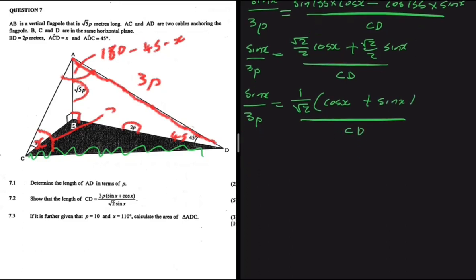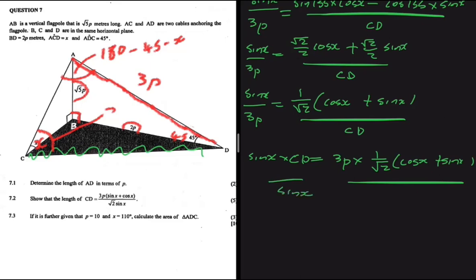So we can cross multiply here. If we cross multiply, we're gonna get sine of x multiplied by CD equal to 3p multiplied by 1 divided by square root of 2 multiplied by cos of x plus sine of x, right? Now we can divide both sides by sine of x.